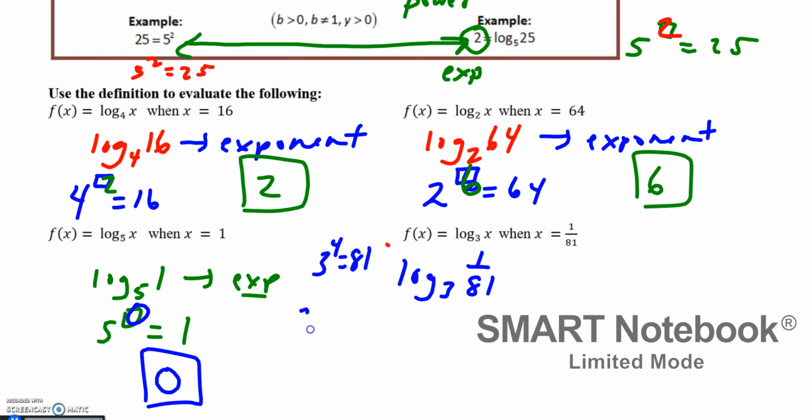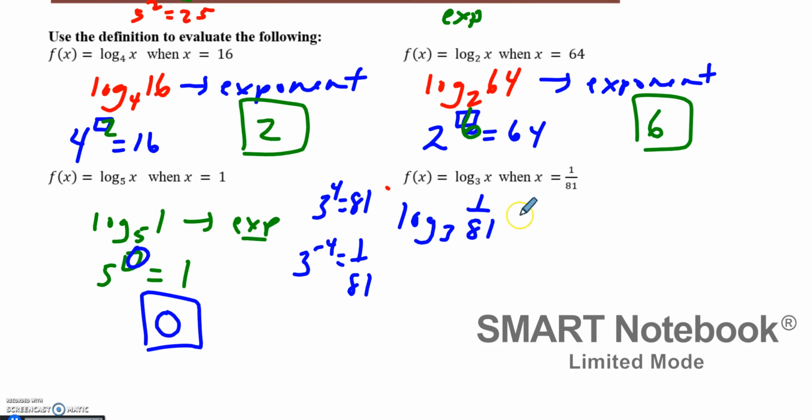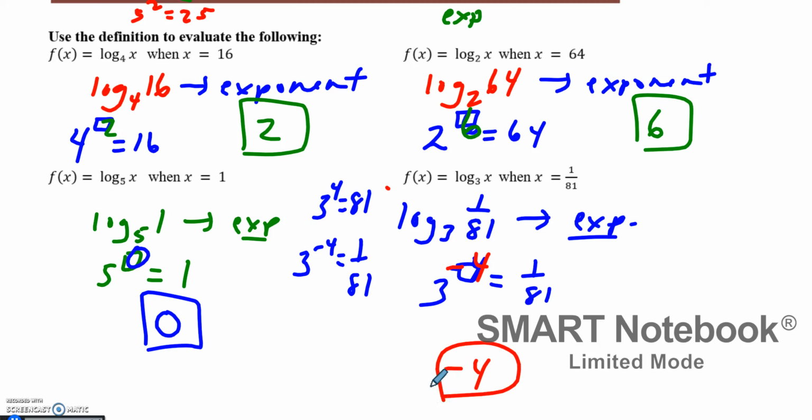So it would make sense to me that 3 to the negative 4th equals 1 over 81. If we use the same logic here, again, logs are exponents. We're trying to find the exponent that makes this true. So 3 to the what equals 1 over 81? Based on my logic over here, it is my negative exponent of negative 4. So my answer is negative 4 for that fourth example.